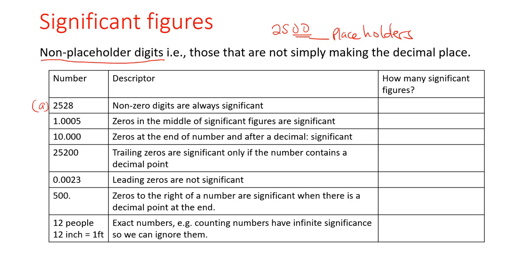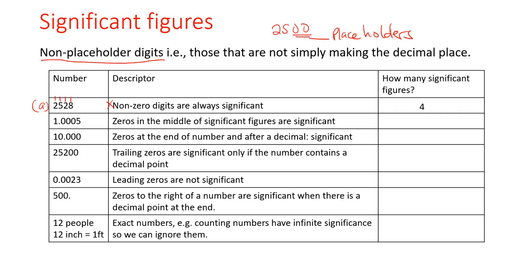The descriptor: non-zero digits are always significant. So the value A has all non-zero digits. So we can say that this has 1, 2, 3, 4 significant figures because all the digits are non-zero.